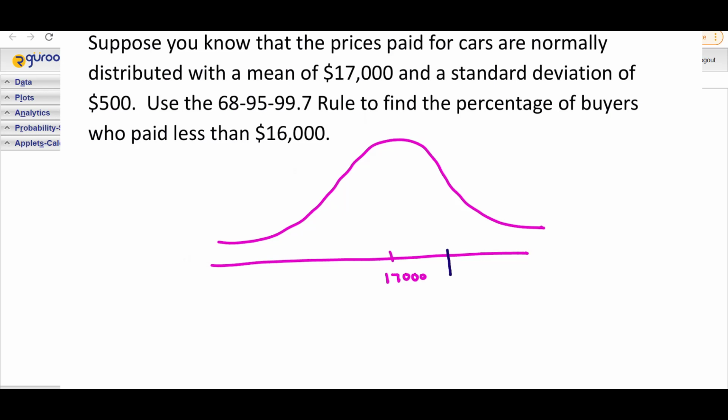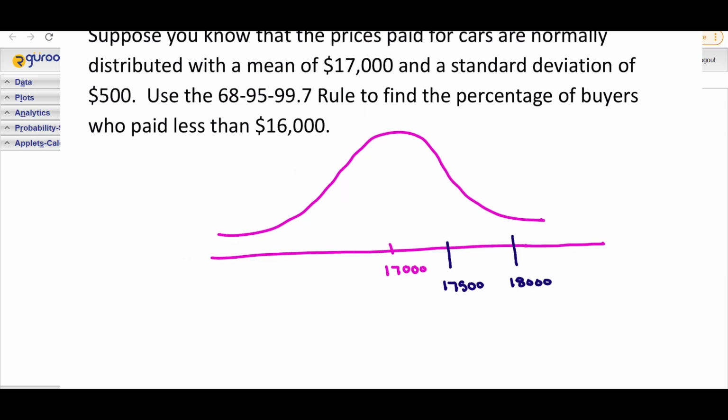If we went up 1, that'd be 17,500. 2 would be 18,000. And then 3 would be 18,500. Let me extend this a little.